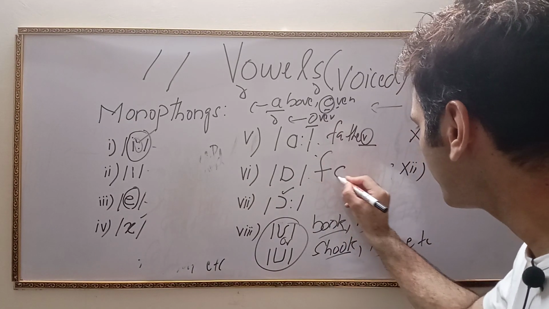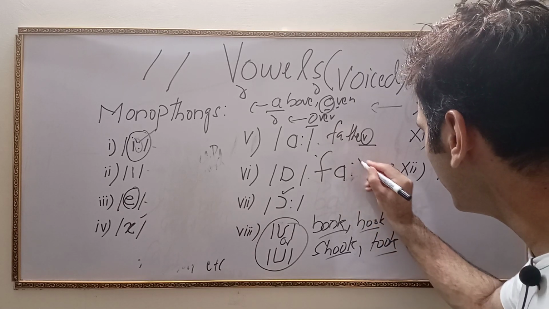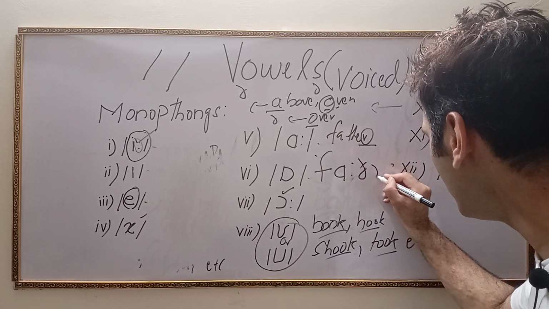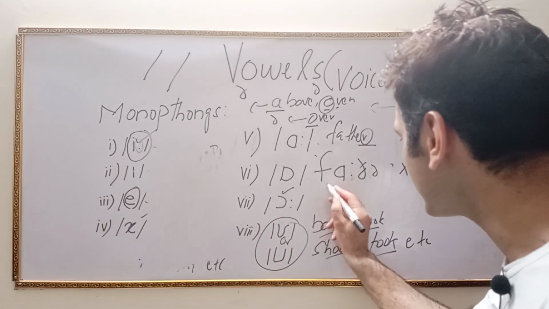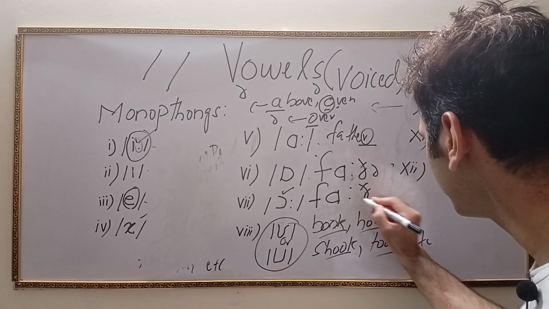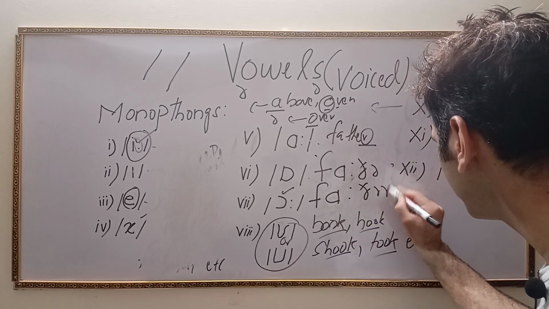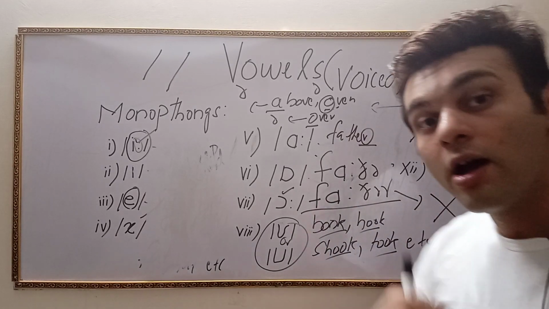We have a long vowel, then we have a th, and then we have a schwa. We pronounce it mistakenly like this. This one is absolutely wrong.